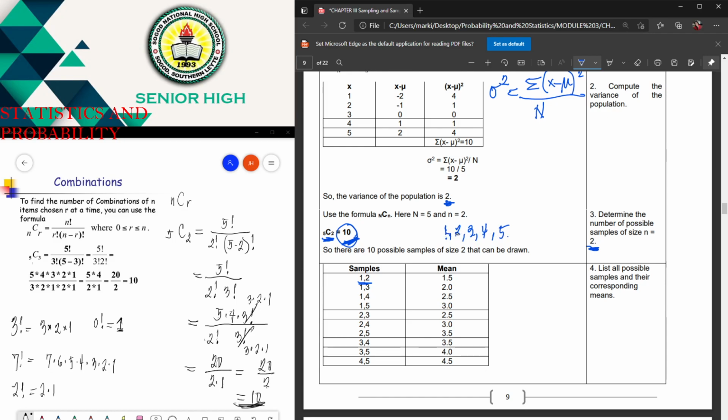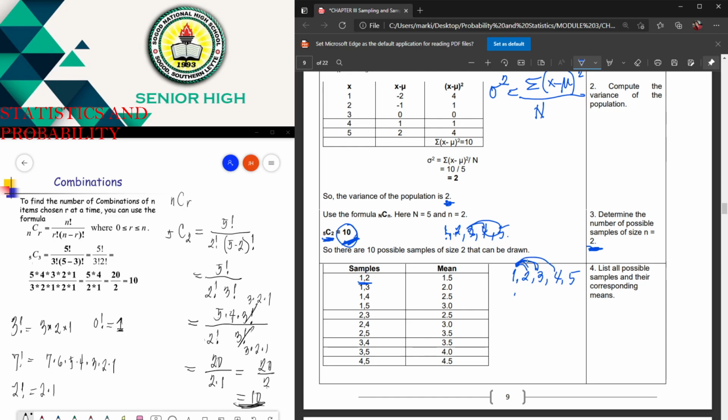Next naman is 2, 3. Meron bang 2, 3? Hindi pa. So, 2, 3, 2, 4, 2, 5. Ito naman, 3, 4, 3, 5. Tapos, ito naman, 4, 5. Kaya, yan yung pairs, kasi by 2. Pero kung 3 naman, say for example, 1, 2, 3, 1, 2, 4.